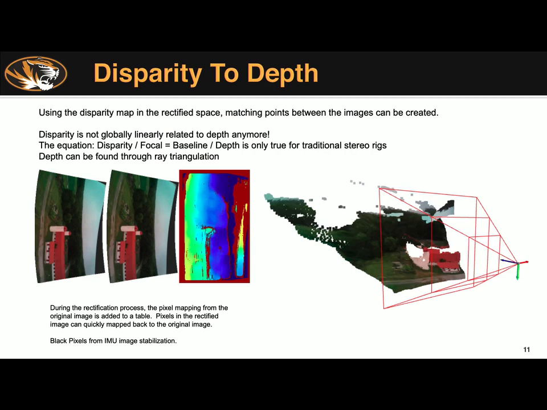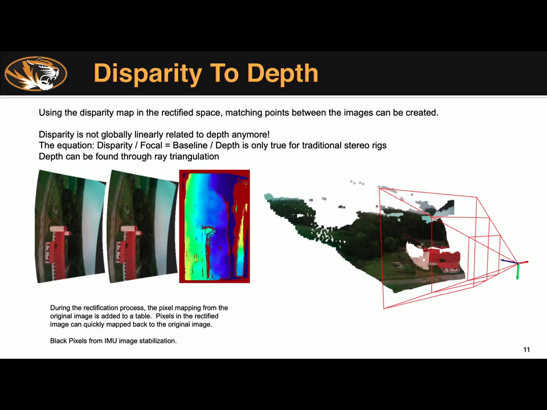So this is just an example on the right-hand side of what that point cloud actually looks like if you were to take one of those depth images and project it back into 3D space. You can more or less see the building there projected back out. And you do see the sky has kind of poor block matching, and that's because there is a little bit of a threshold, a cutoff where it says, okay, if I didn't match well enough to any particular image.